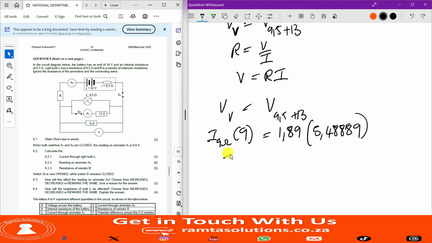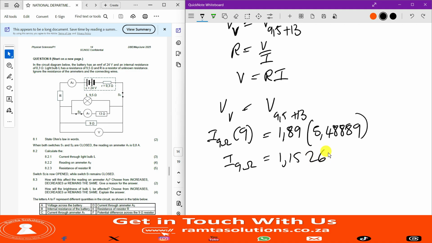Now we can find the current flowing on this terminal, which will be 1.89 multiplied by 5.48889 all over 9. So what is our current? Be careful, our current is 1.15267 amperes.